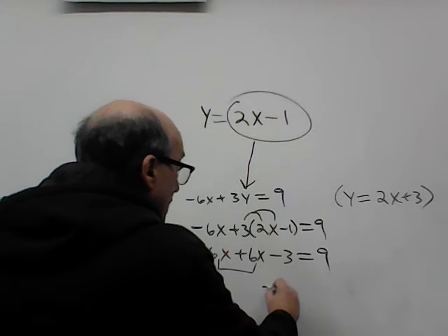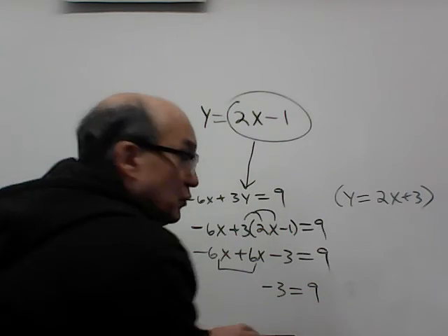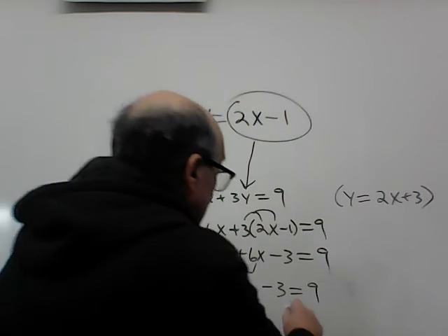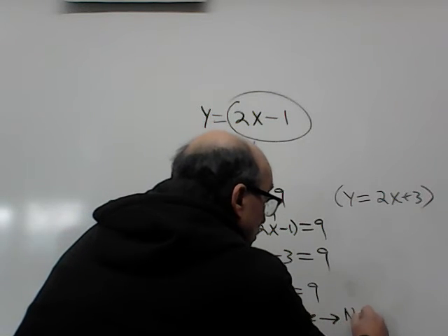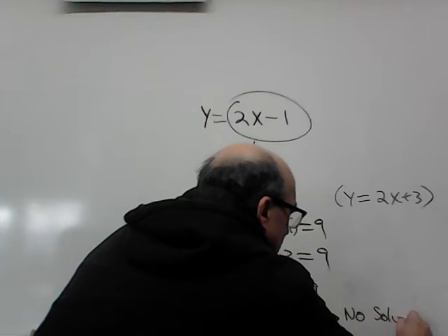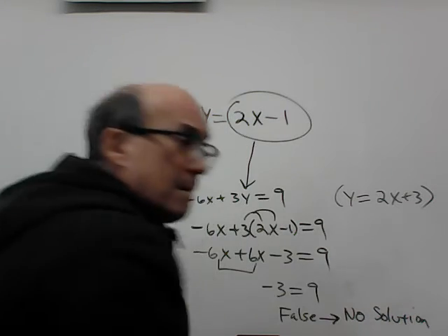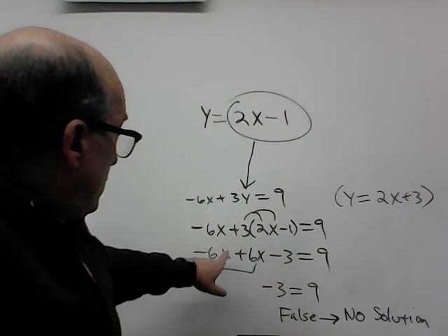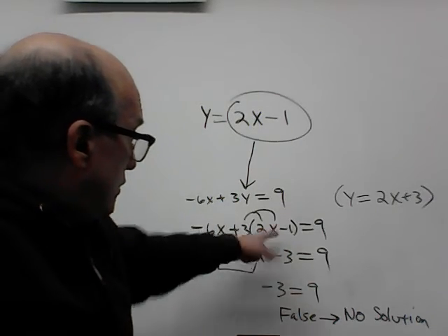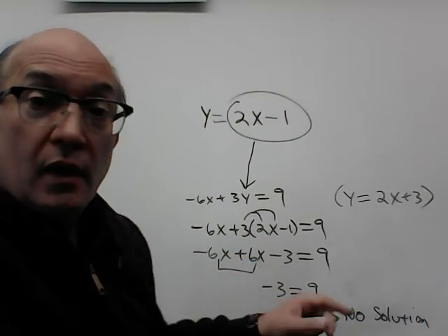These go away and leave us with negative 3 equals 9. This is a false statement, so we conclude that there is no solution. There's no value of x that we can put here and here to get a true statement.